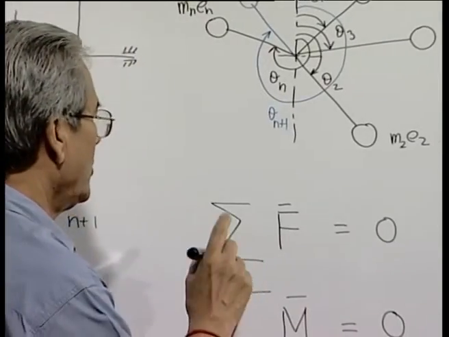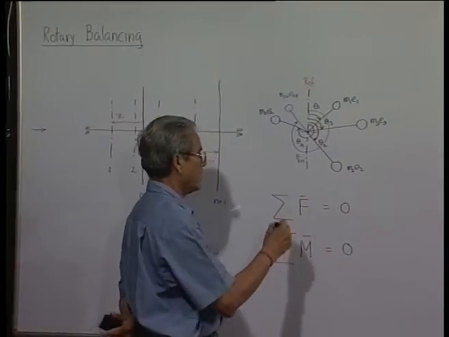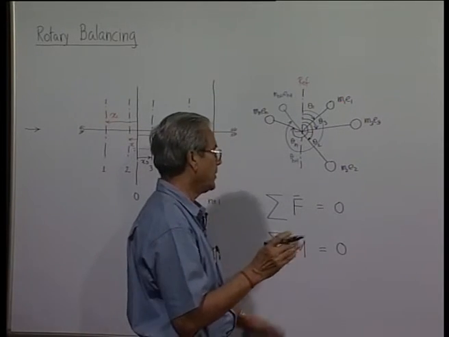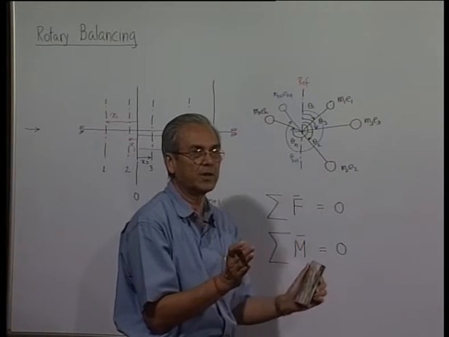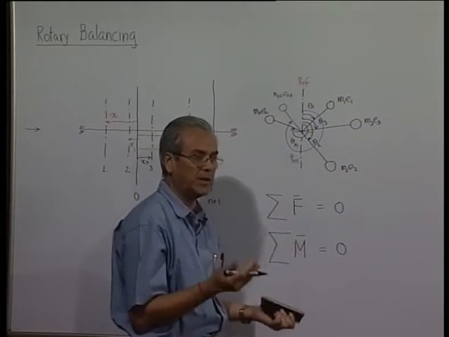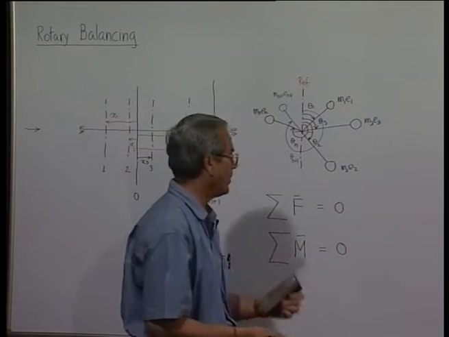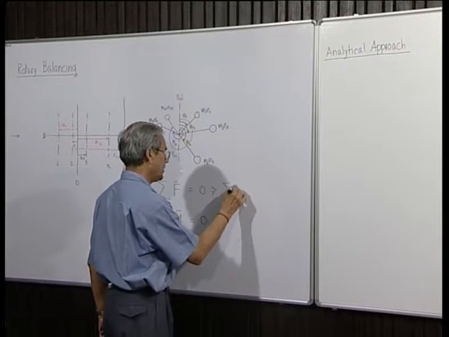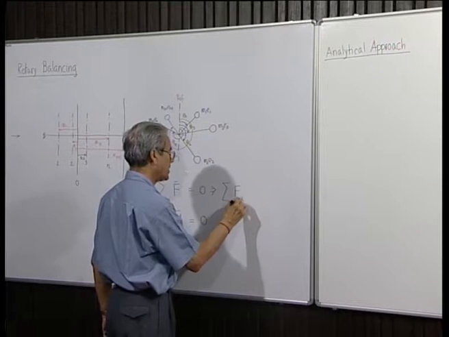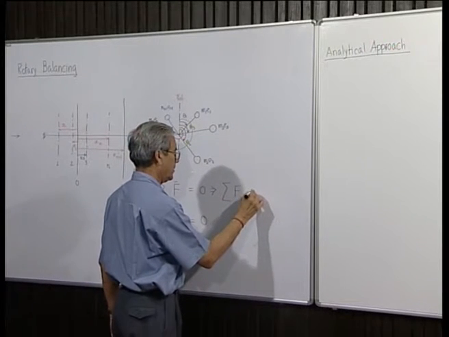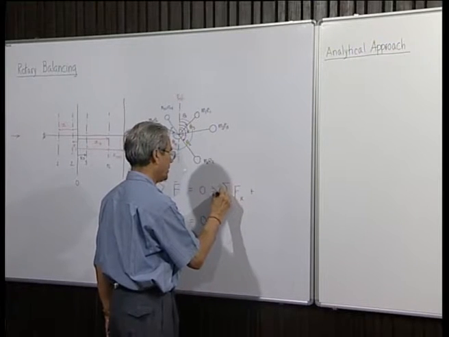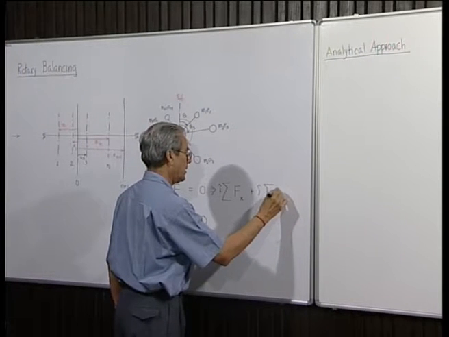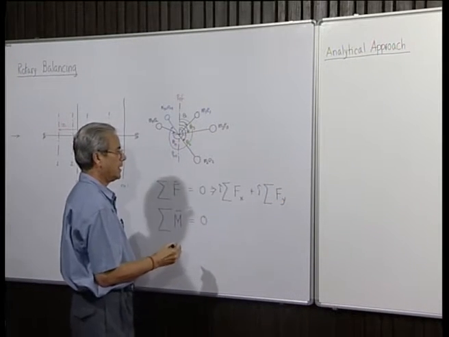Now, once we know that the resultant vector is 0, we should also keep in mind that if we resolve this resultant in 2 directions, the components will also be 0. In other words, if we sum up the horizontal or x components, vector sum of x components say i, and vector sum of y components j, is 0.